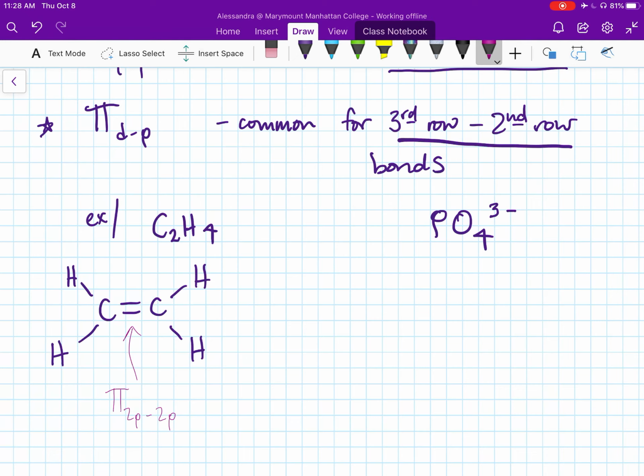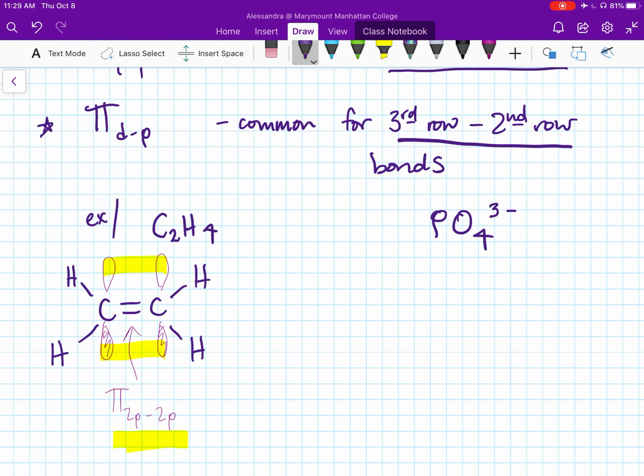So we have the 2p orbital on this carbon overlapping with the 2p orbital on this carbon above and below the bonding axis. That's what gives rise to this pi bonding interaction between those two carbons. So that's an example of a pi bond forming from the overlap of p orbitals when we have second row atoms bonded to each other.